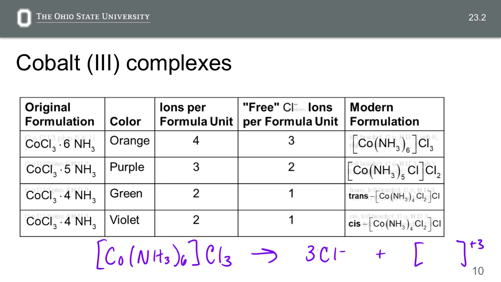And then with the one with the 5 ammonia, here we have cobalt, ammonia, 5 of those, and a chloride, Cl2 outside the bracket. 2 Cl minus is formed, plus Co(NH3)5Cl 2 plus.